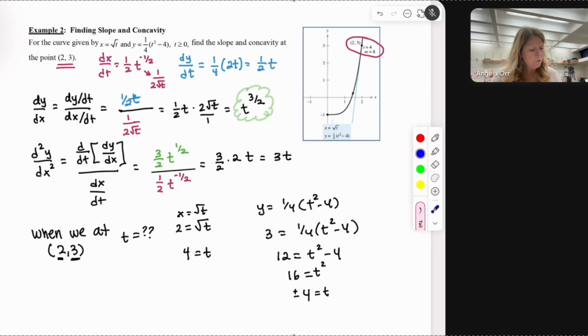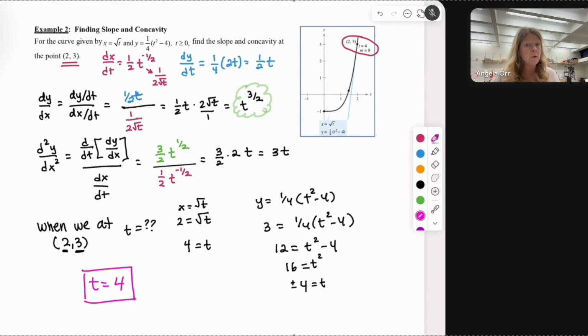In this case, we don't have to worry about t equals negative 4, because that's not in the domain of the x parametric equation. We only consider values of time greater than 0, so our single solution is t equals 4.